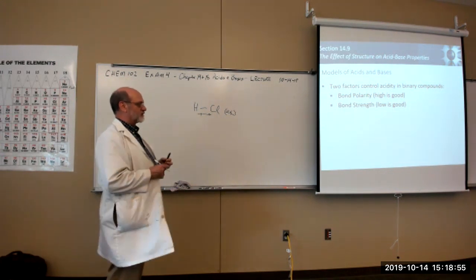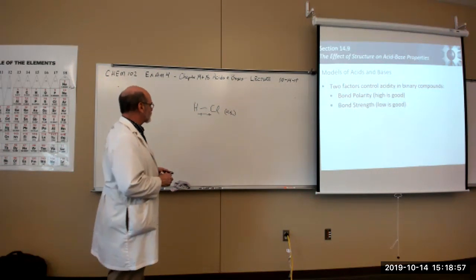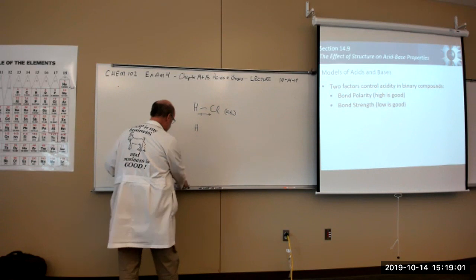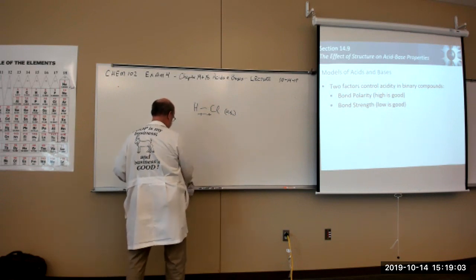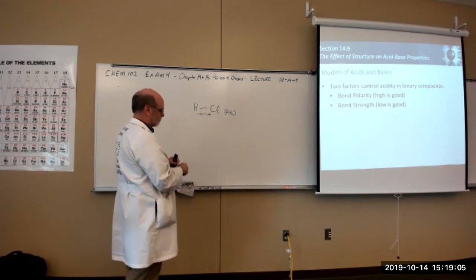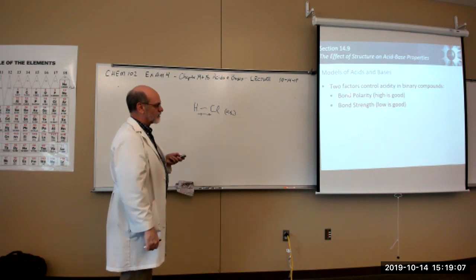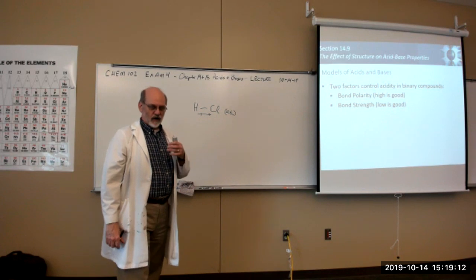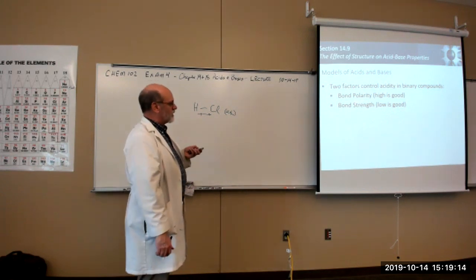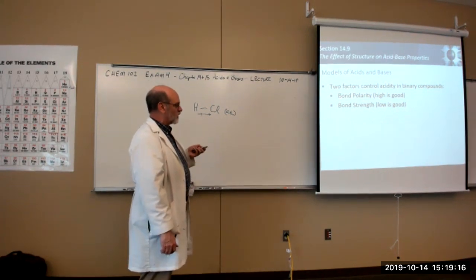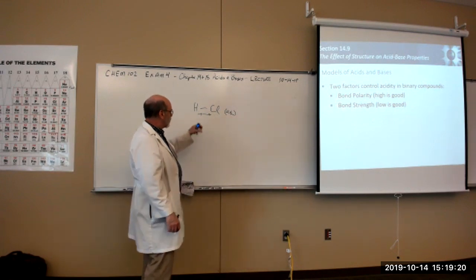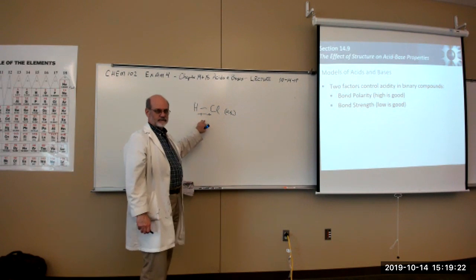Bond strength, right? Actually, these two are related. They're measured differently, but they are definitely related. If the bond is more polar, that weakens the bond. So the bond strength here would be lower.